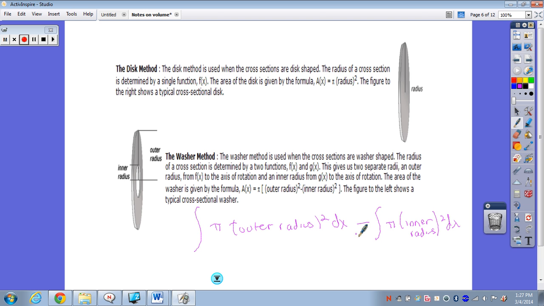These should be the same variables. So we're taking the area of the entire circle, which is made by the outer curve, and subtracting the area of this little circle so that we can get what's left over, which is the washer.